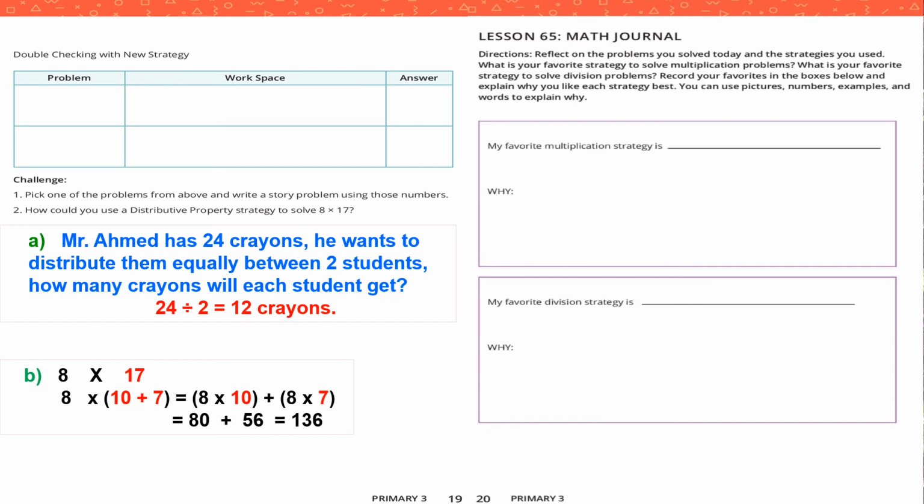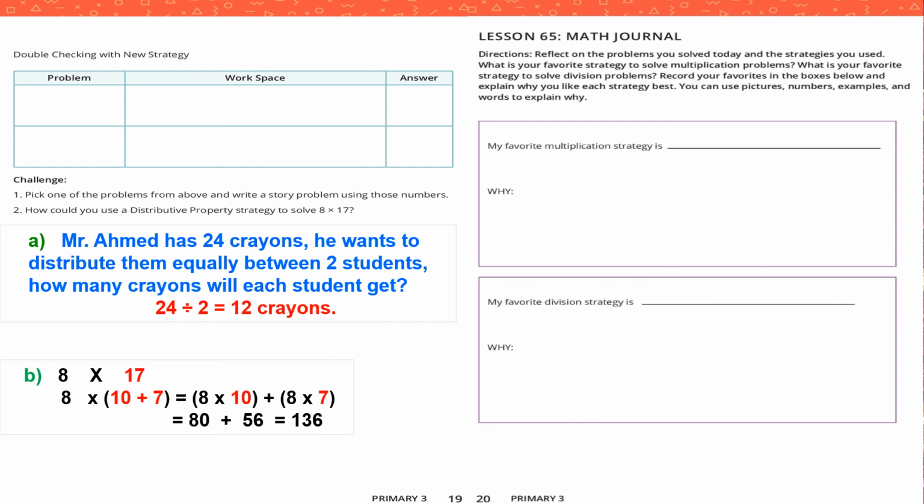In question B, how could you use distributive property strategy to solve 8 times 17? Sure, we didn't study 8 times 17 in any table, because 17 is a big number. So I will distribute this 17.